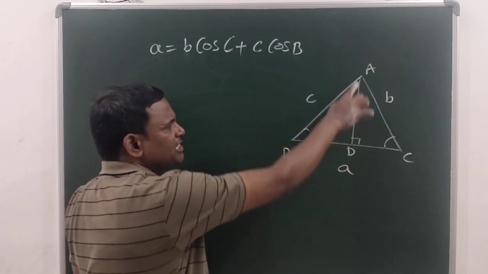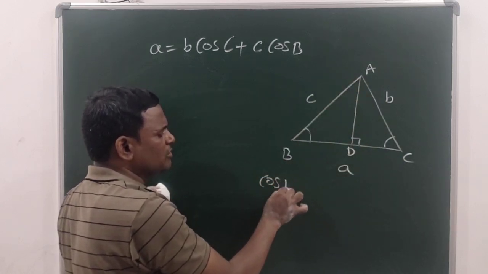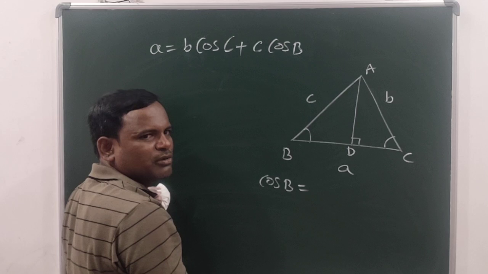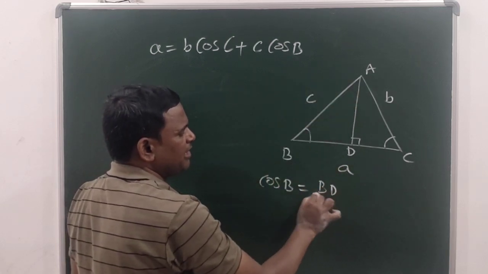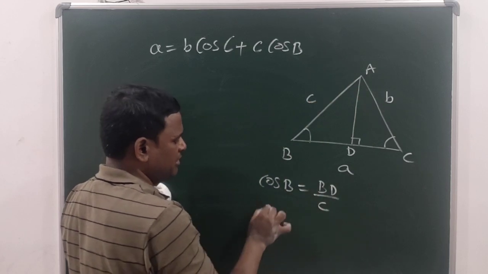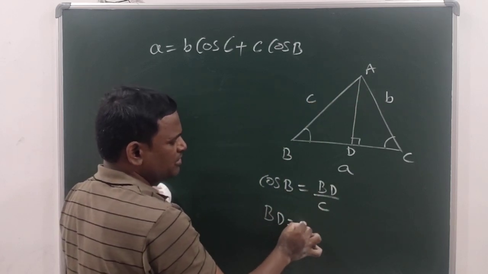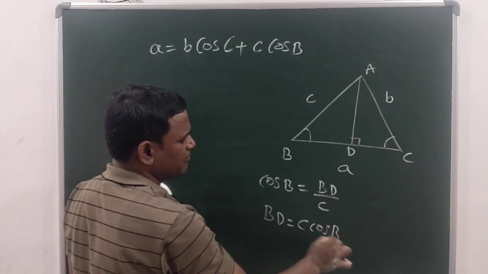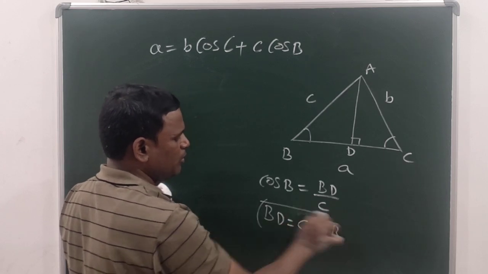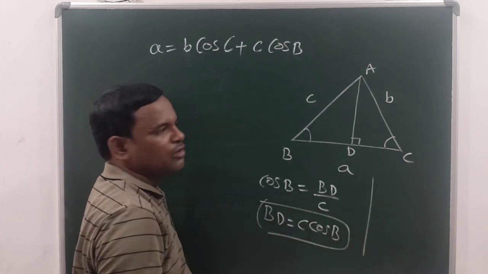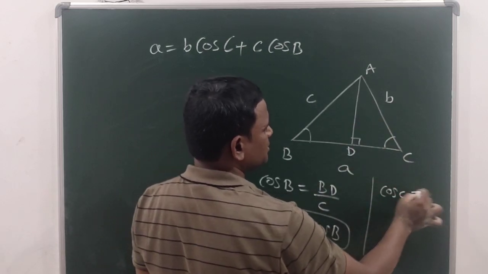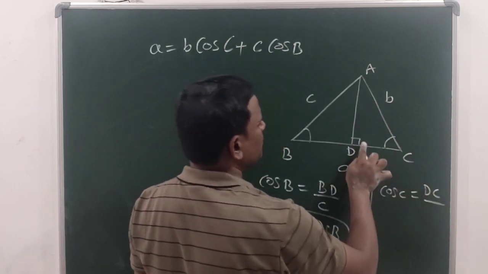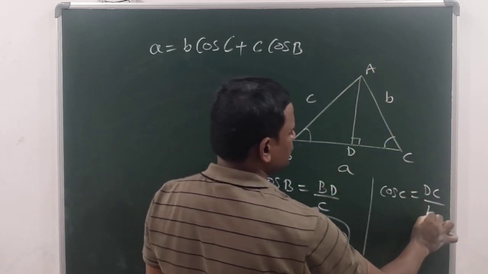Now take this right angle triangle and define cos B. Cos B is equal to adjacent by hypotenuse. Adjacent is BD and hypotenuse is small c. So BD is equal to c into cos B. Similarly, go to this right angle triangle and define cos C. Cos C is equal to DC by AC, that is b.